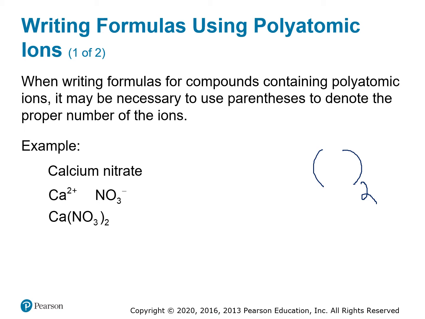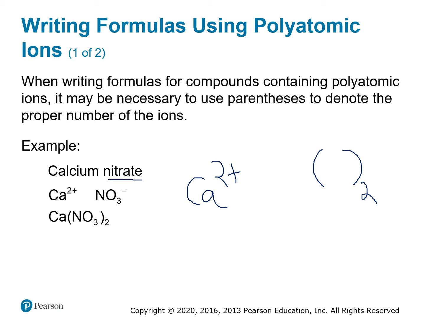Here is the name of the compound, which is calcium nitrate. Just by looking at this name, you know calcium. The symbol for calcium is Ca, and it's a cation in group 2, so it's 2 plus.